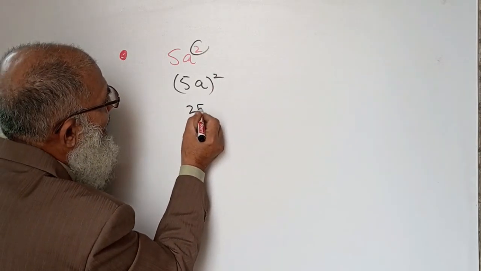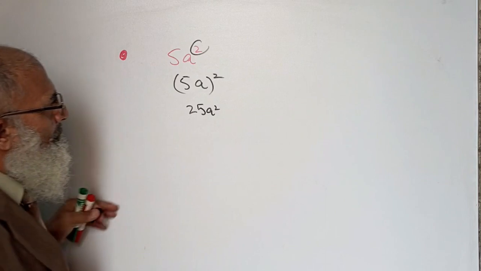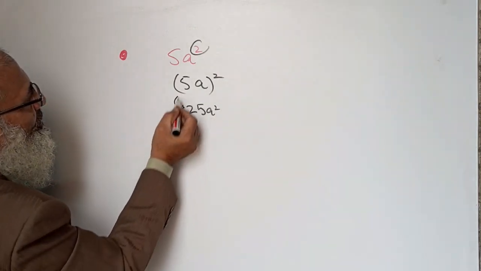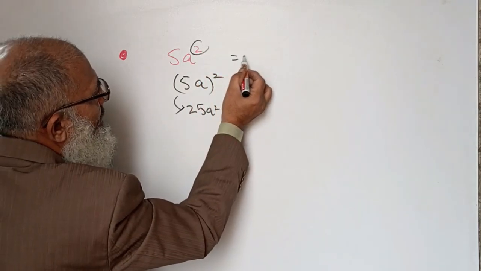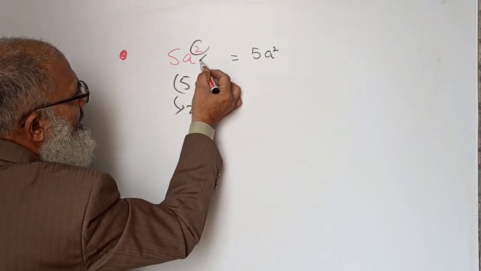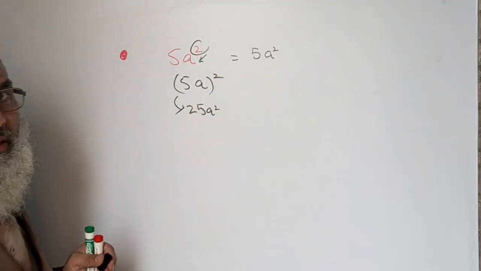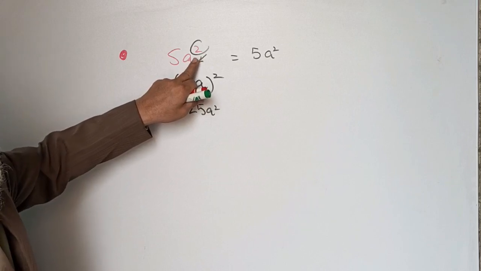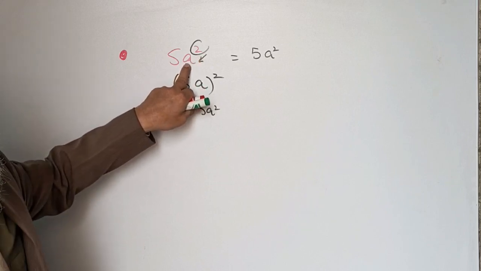It means 25a square in this example. But for the first it will remain as it is, 5a square, because this square is the index of the base a only.